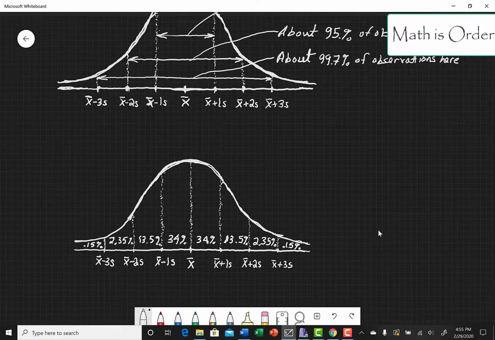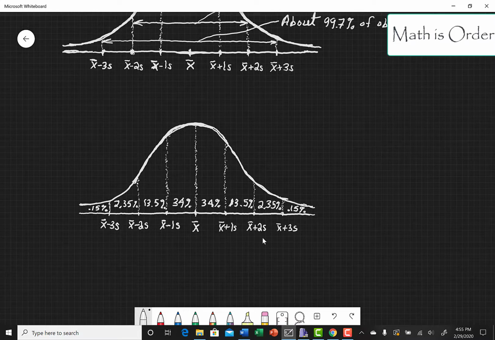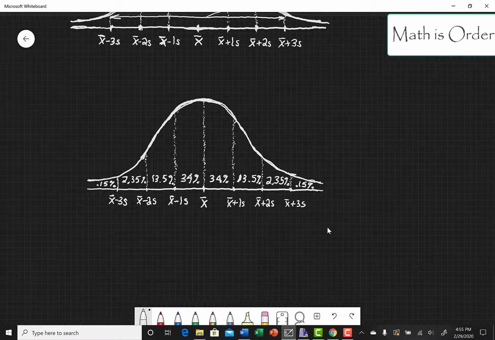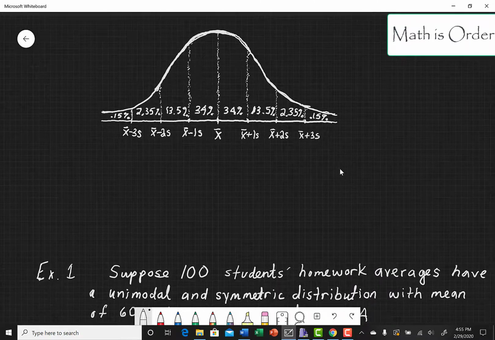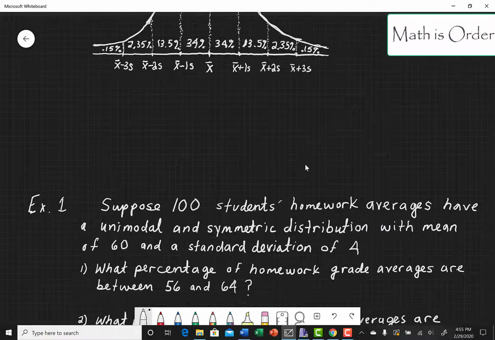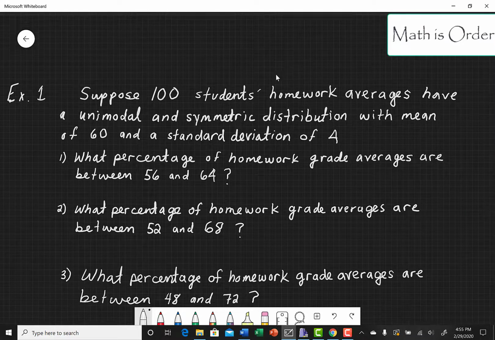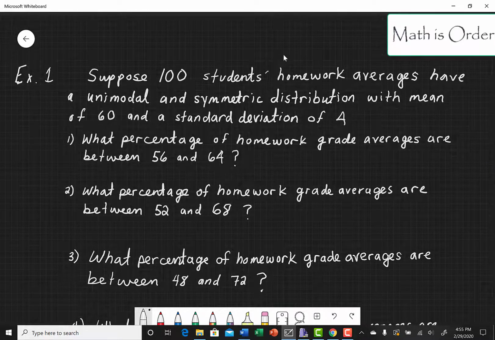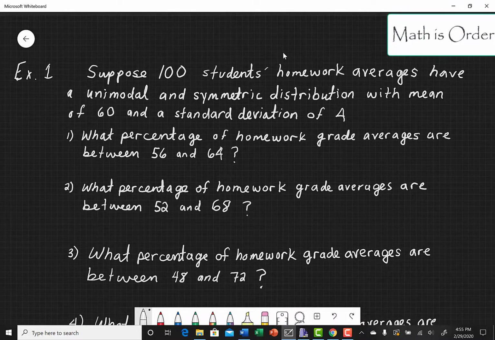All right, now let's look at a few practice problems. This is critical information that we need when we answer questions related to the empirical rule.